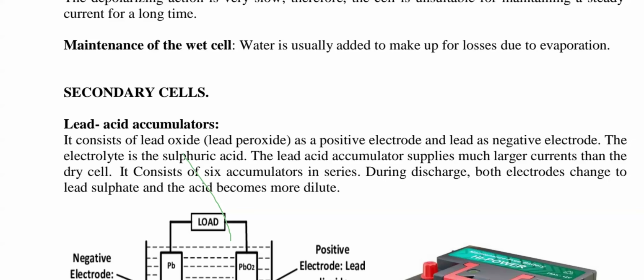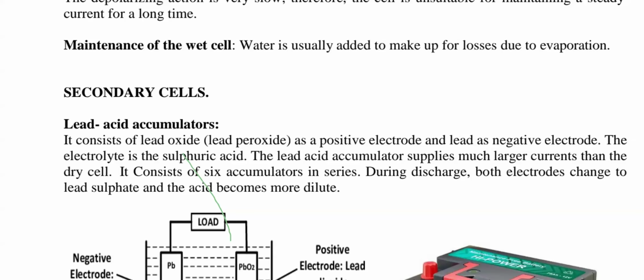When its power gets down, you can recharge it. After recharging, then you can still use. Those are the secondary cells that we talk about, not the primary cells, pardon me. We saw from primary cells that once the energy gets down, you will not be able to recharge it. Those ones were primary cells.